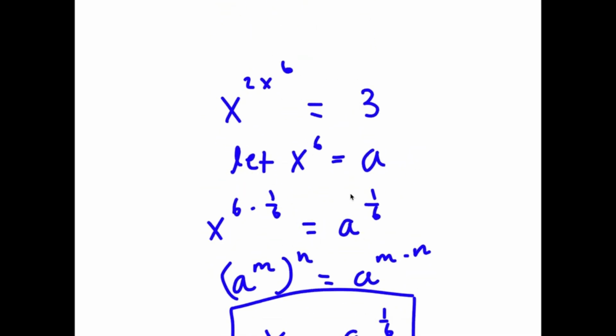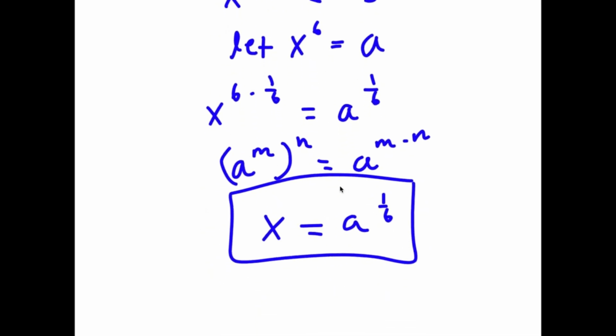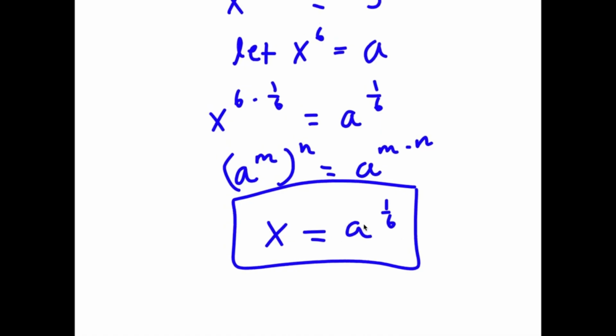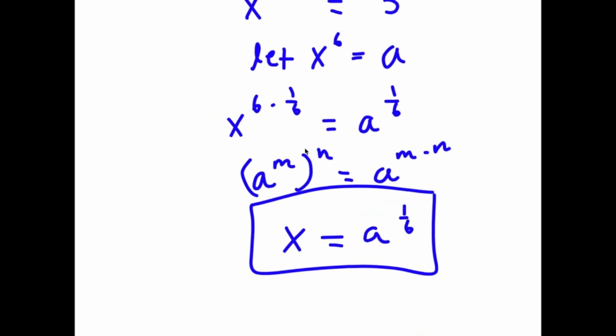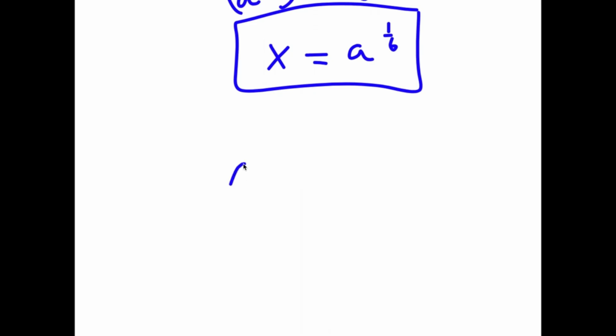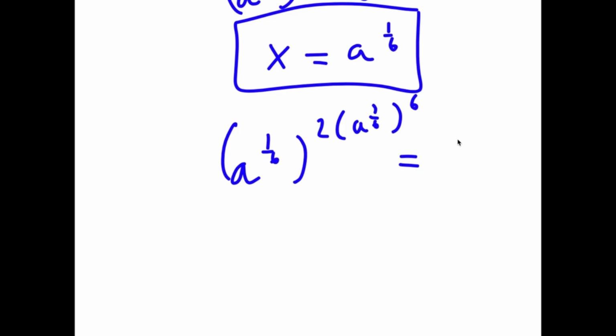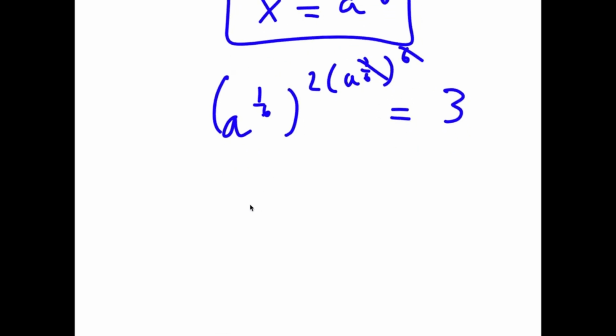So now that we know that, I'm going to replace x with a to the power of 1 over 6. So now I have a to the power of 1 over 6 to the power of 2 times a to the power of 1 over 6 to the power of 6. And this is equal to 3. Now 1 over 6 and 6, these two cancel out.